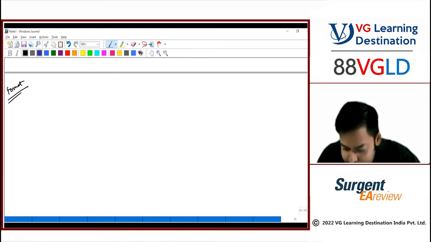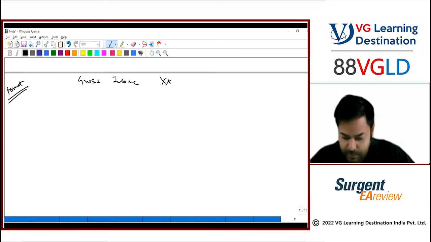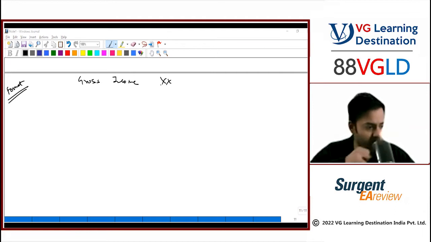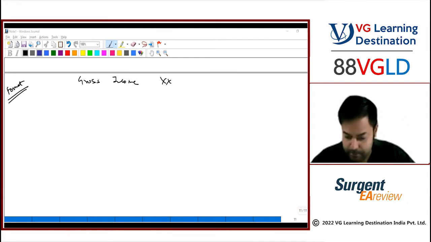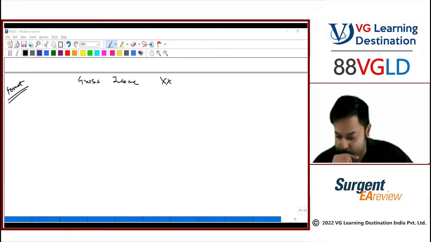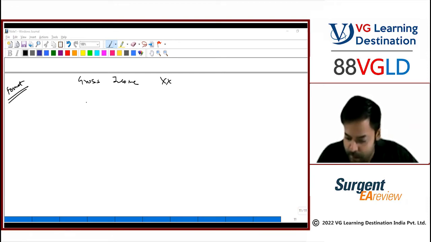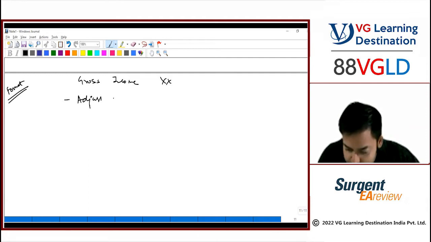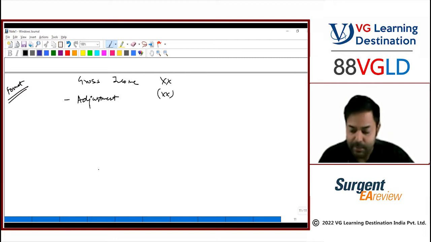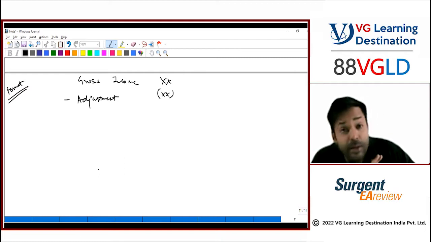Gross income, gross income reduced by adjustments. When I say gross income, guys, I am including all the income.